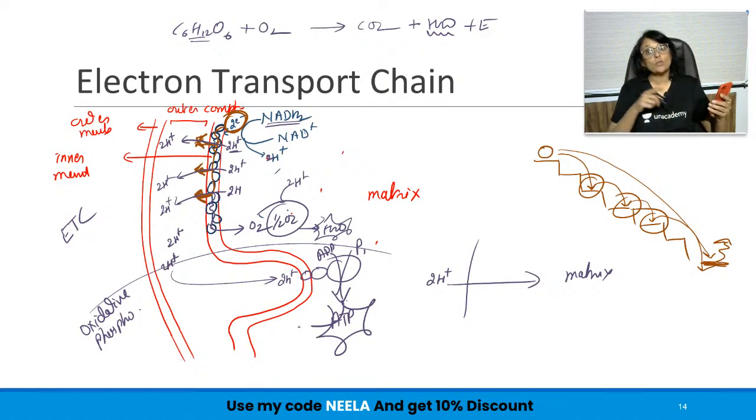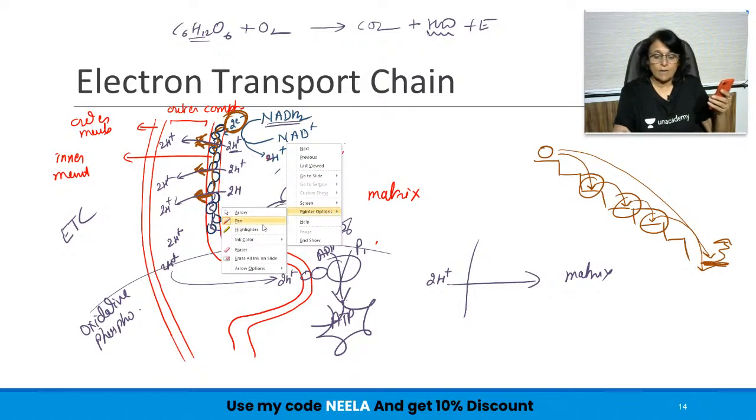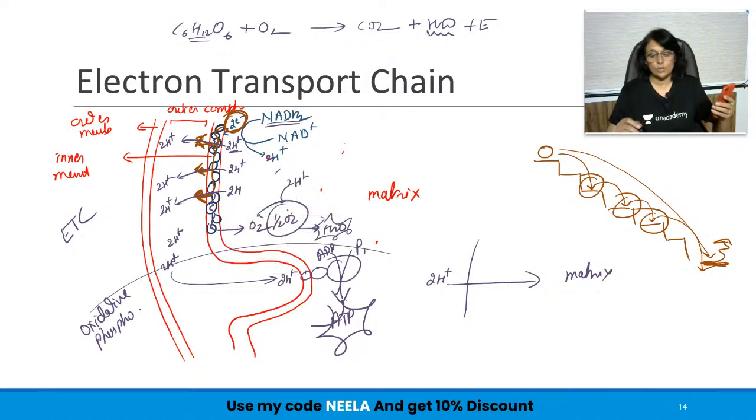And when these protons go back into the matrix, every time 1 ATP is generated. So one proton pair coming back, 1 ATP, second ATP, third, 3 ATPs. What will happen if FADH2 dissociates? Instead of NADH2, if FADH2 dissociates, then what will happen?